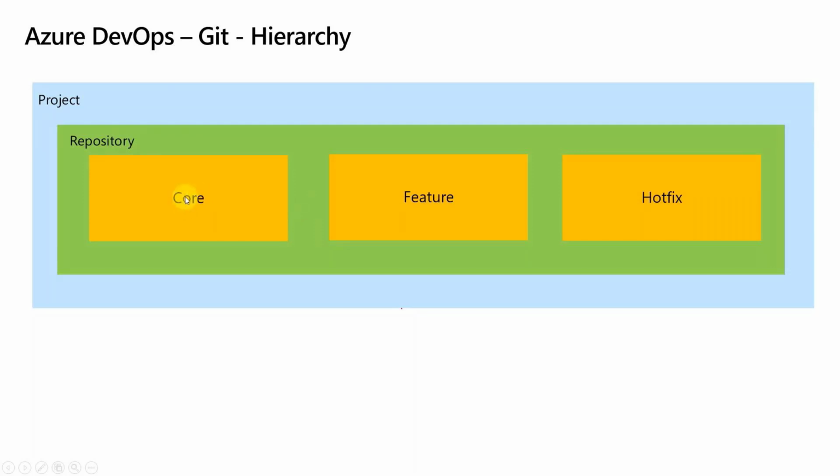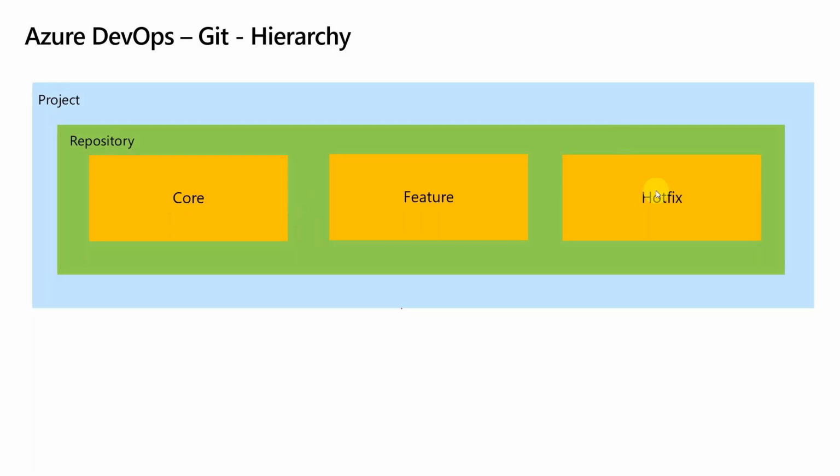Core means long-lived branches. They will never be deleted. But feature branches, hotfix branches and every other type of branch are short-lived branches. That means their lifetime is just 1 day, 2 days, 1 week, 1 month, that's it. They should get deleted, for sure, to maintain hygiene in your project.